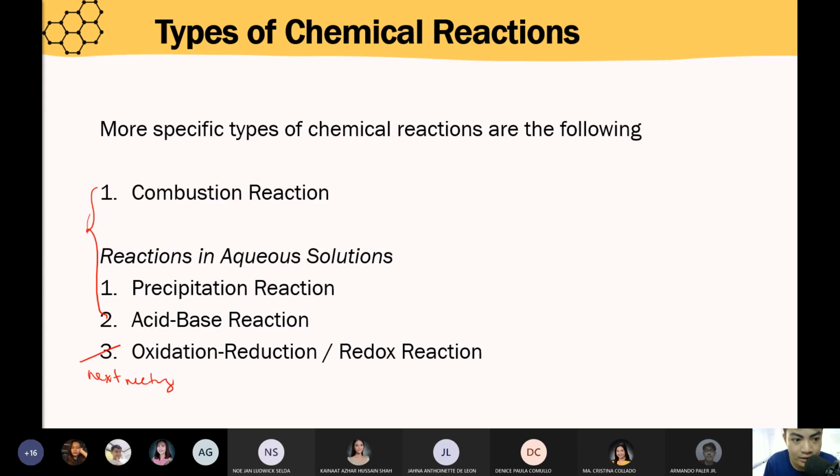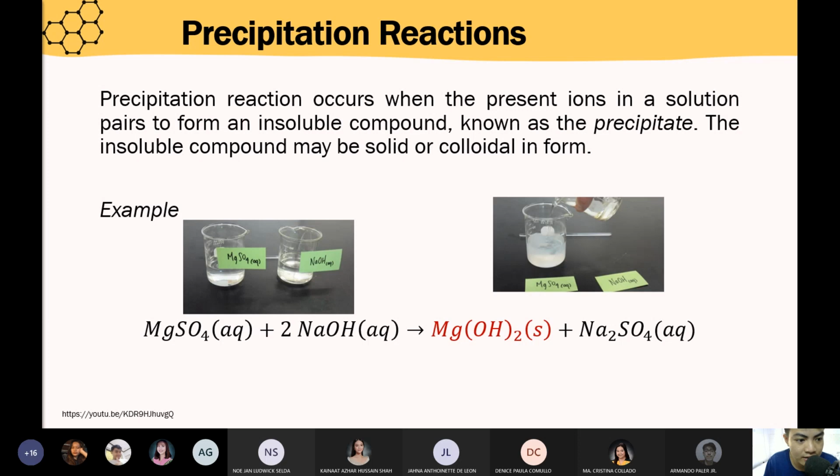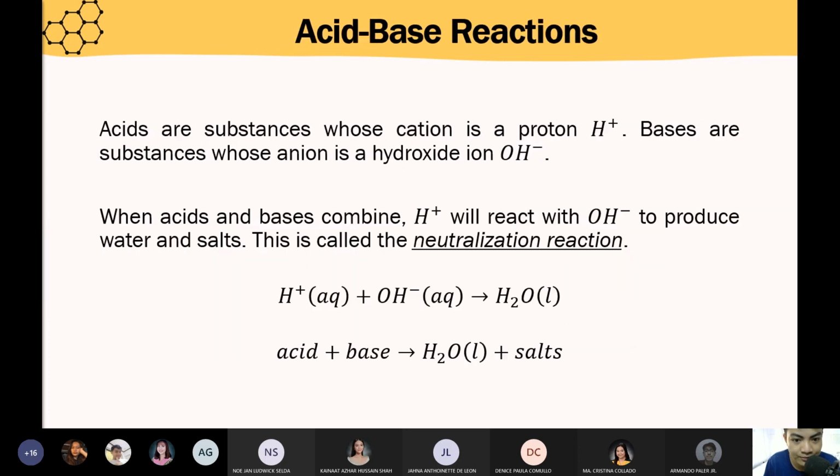Precipitation reactions form precipitates, okay? And acid-base reactions form water as the product, okay? Precipitates are solid, and in acid-base, the water is the liquid form. And sometimes its salts could be precipitates as well, okay?